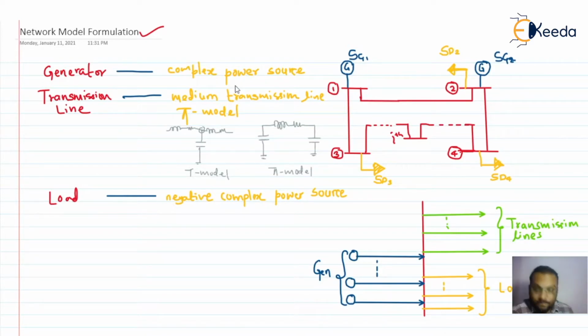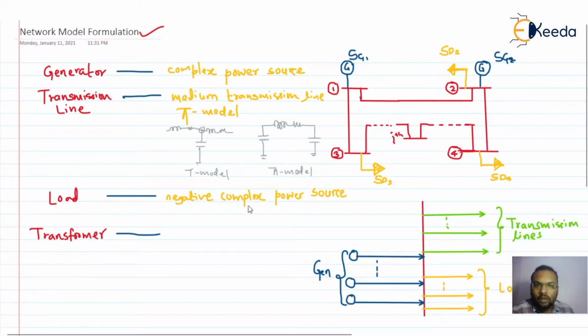So this way we can replace these important equipments of the power system. One more important equipment we have in our power system is the transformer.